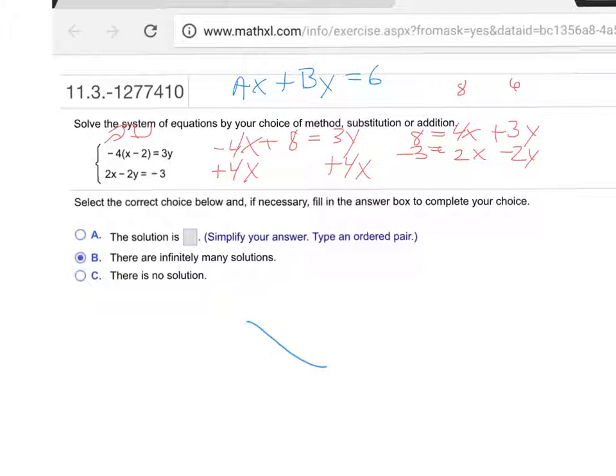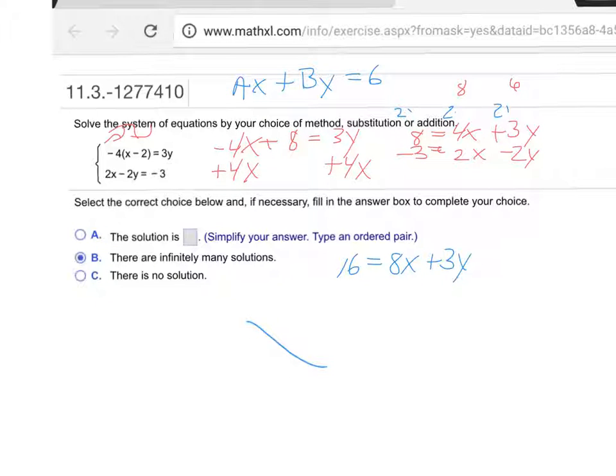So let's go ahead then and multiply that top equation by what there? Well, if I want that 3 to be a 6, I'll multiply by 2. So my new top equation then is 16 equals 8x plus 3y. On the bottom then, I need to multiply by what there?